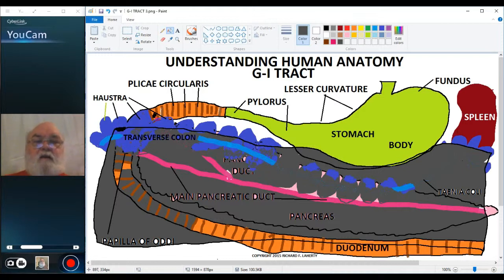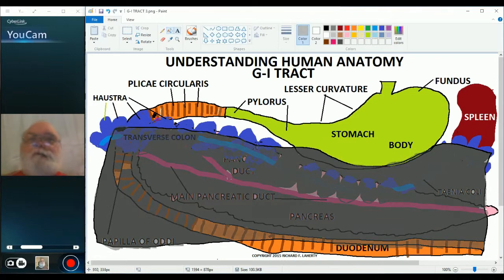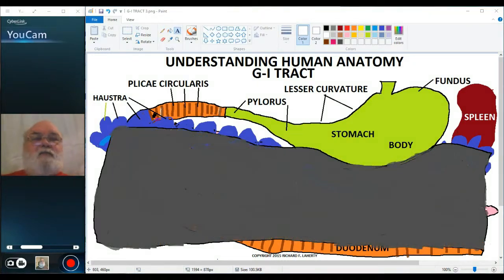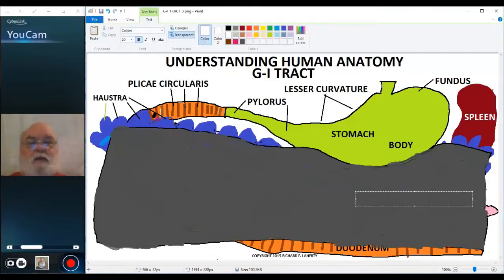And again, if you give me a minute, I'll touch up the coloring. Okay, this now is the greater omentum, and I'll put a label in here.